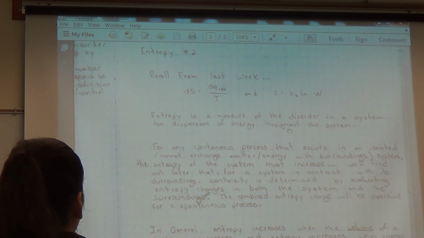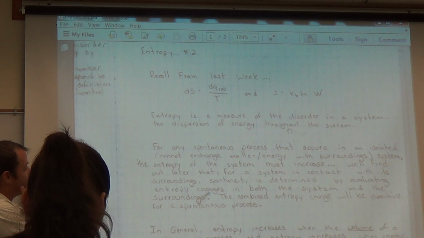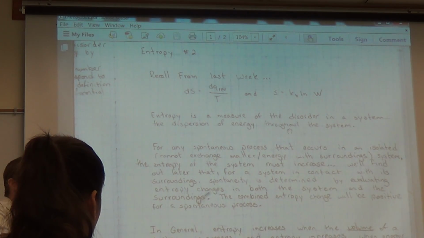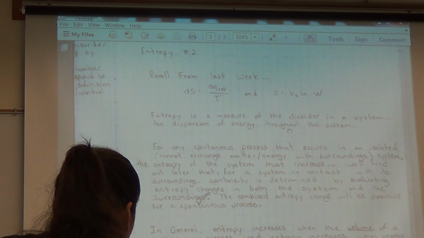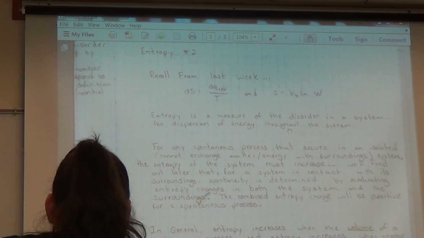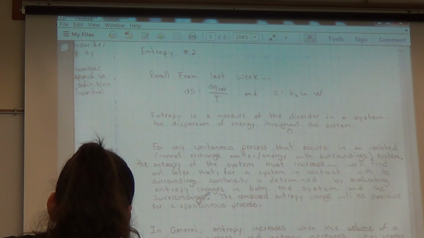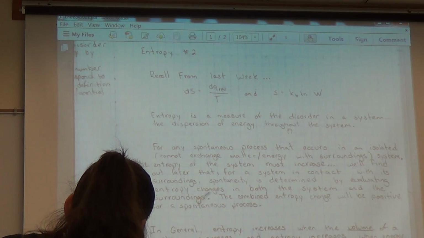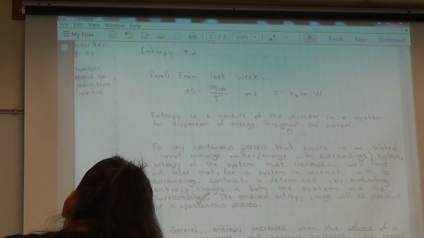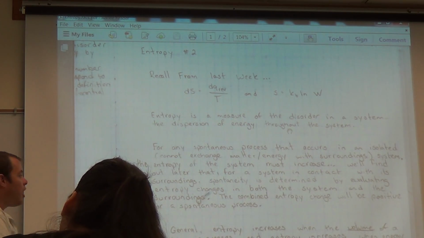We also showed that a composite system composed of 2 blocks of metal that are touching each other will spontaneously distribute that energy until the temperature of the 2 blocks is identical. And we ran a calculation to figure out what delta S was for that. The take-home message of those 2 calculations was that an isolated system undergoing any spontaneous process results in an increase in that state function entropy, right? So delta S will be positive for a spontaneous process that occurs in an isolated system.